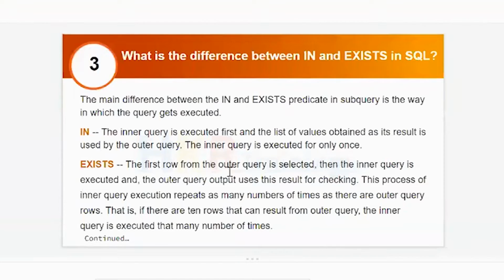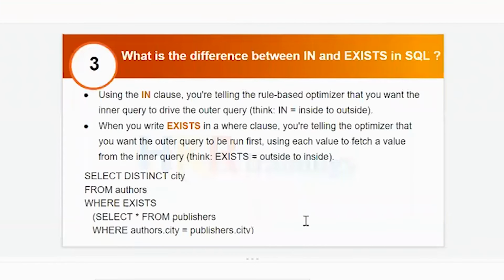That means when the outer query is executed, it gets a number of rows, and that many times the inner query will be executed. So this process of inner query execution repeats as many times as there are outer query rows. That is, if there are 10 rows that can result from the outer query, the inner query is executed that many times. Now let's take an example here.